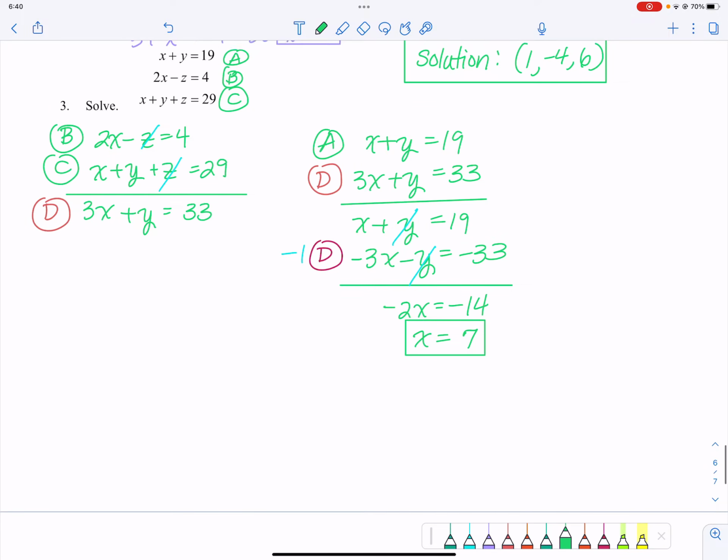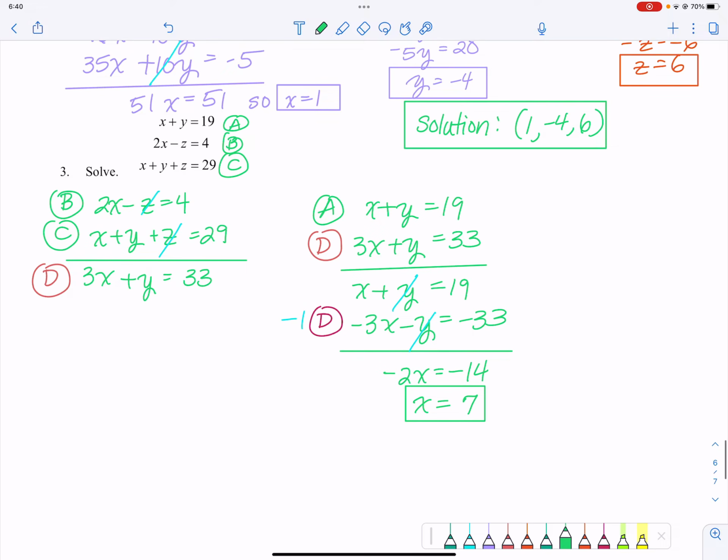So now we could actually go back into equation B with X equal to 7. So we have 2 times 7 minus Z equals 4.